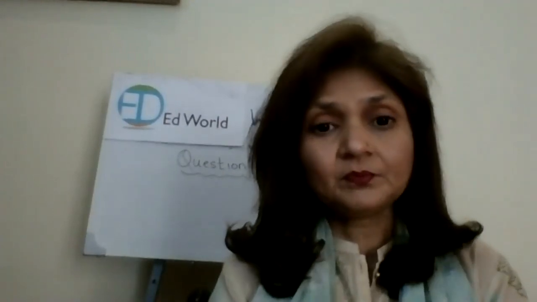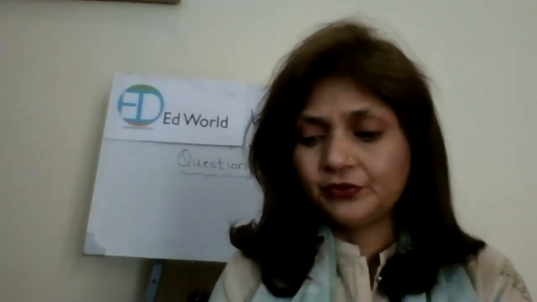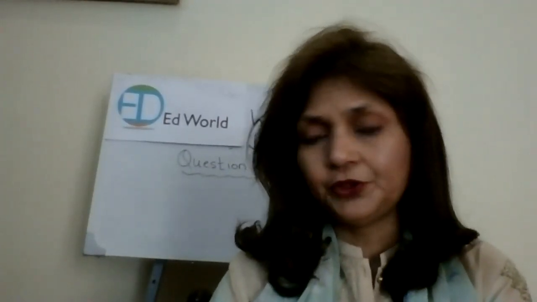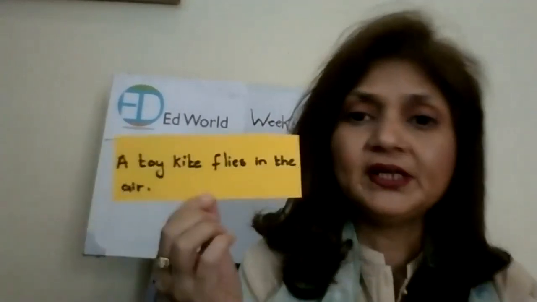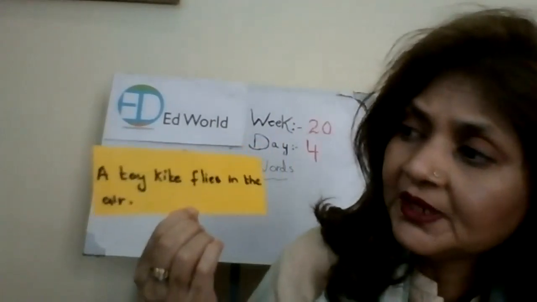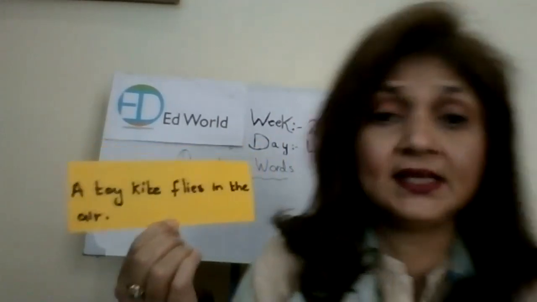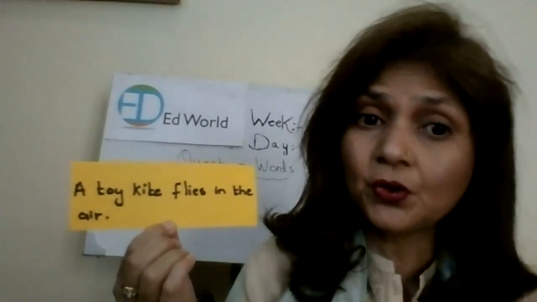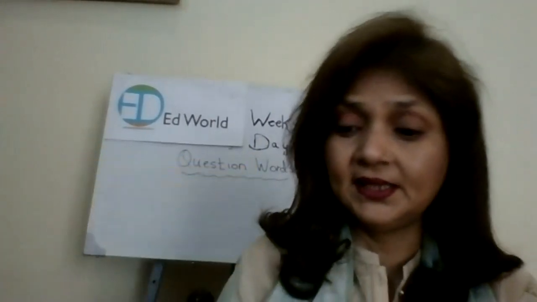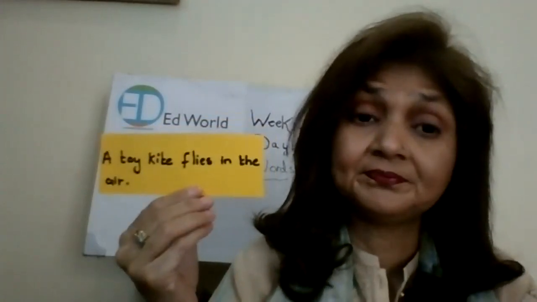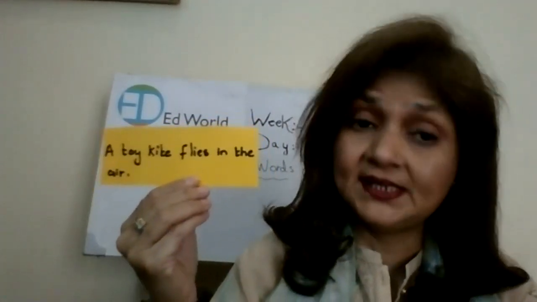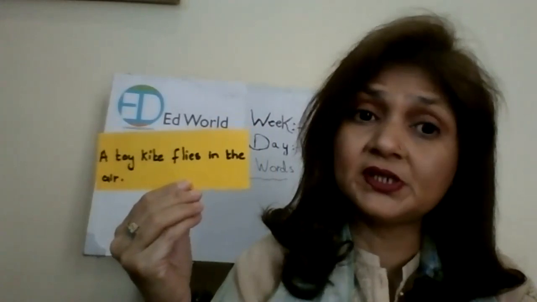All right. Now I'm going to read out a few things for you, and you are going to answer the questions. Read this with me. A toy kite flies in the air. Now what is this actually? It's a sentence, and how is a sentence written?